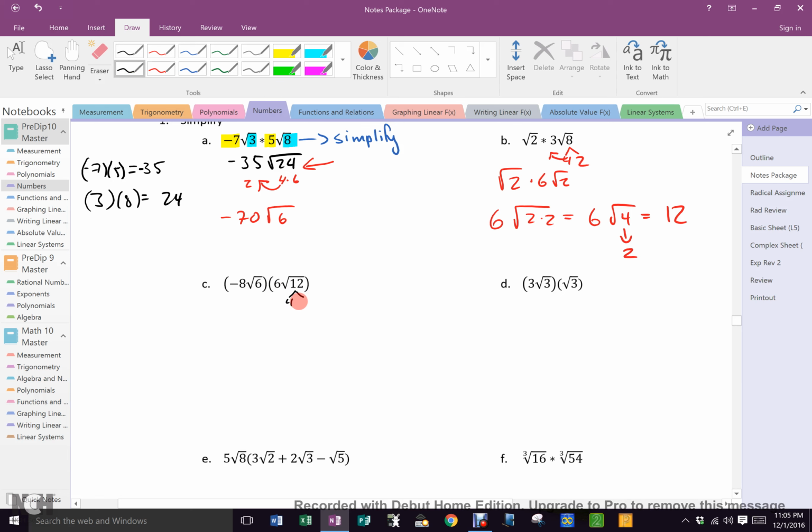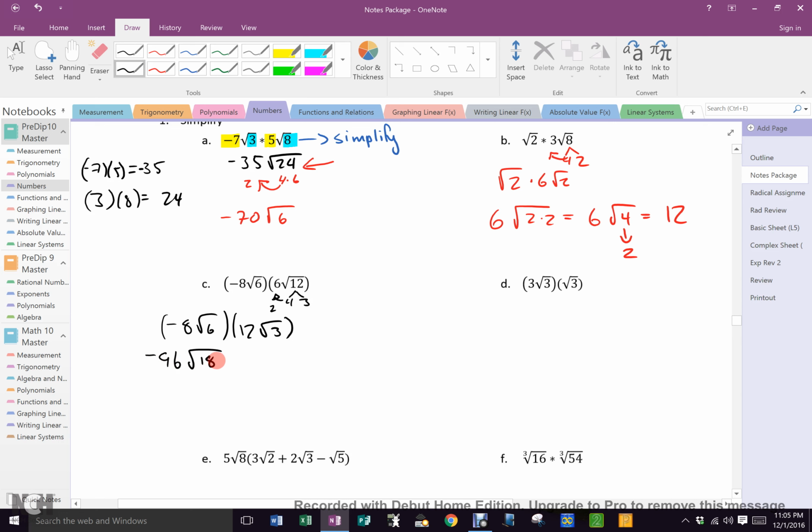12, you're going to want to simplify to 4 and 3. Bring out a 2. So you're going to have -8 root 6 times 12 root 3, which is -96 root 18.